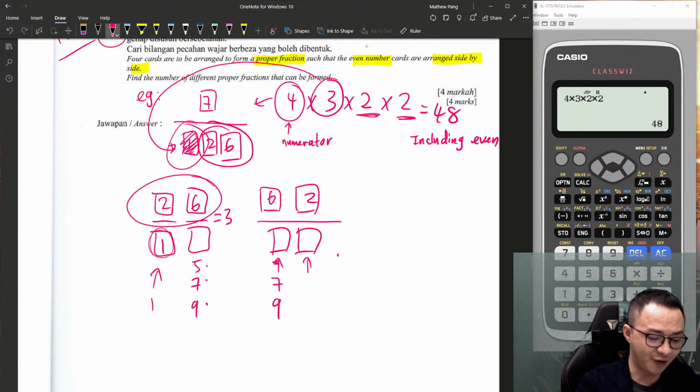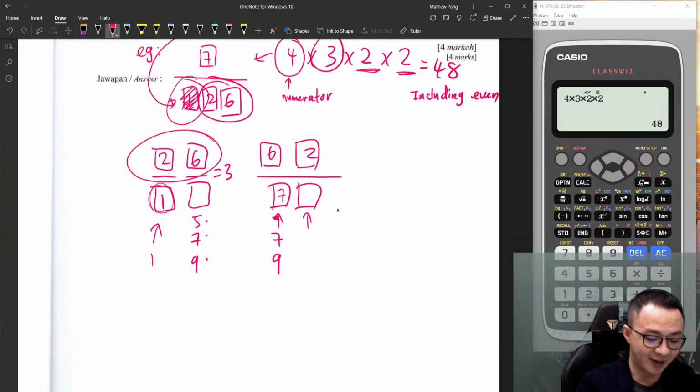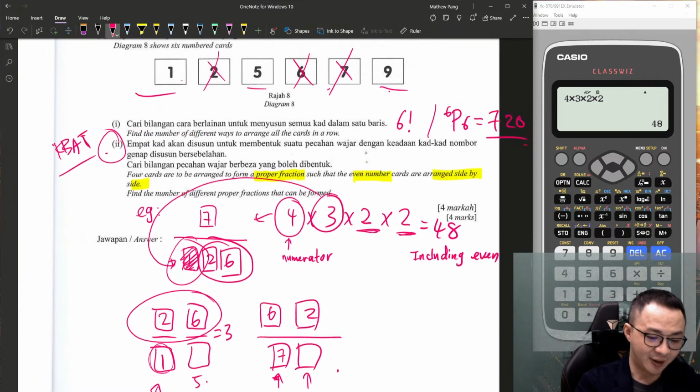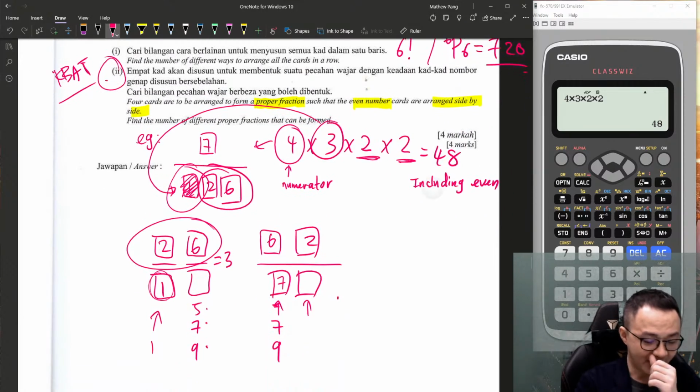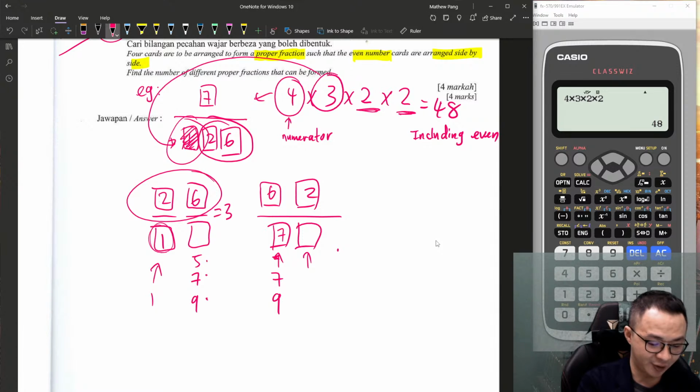So I still have 3 numbers here. Imagine if I put a 7 here, with 2 and 6 on the top. For 7 I still have 3 choices, right? 1, 5, 9. So I still have something like 159. If I put the 9, then I will have 179. So here I still have three ways.